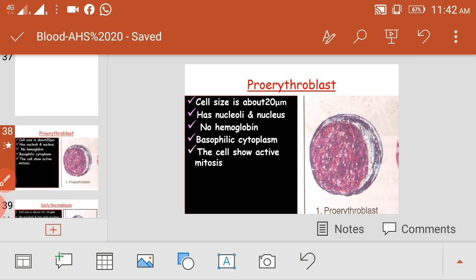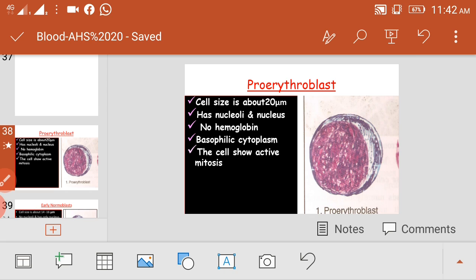Next is the proerythroblast. In the proerythroblast the cell size is 20 micrometer, which is very big. It has a nucleus, and there is no hemoglobin. It has basophilic cytoplasm, which is blue in color.